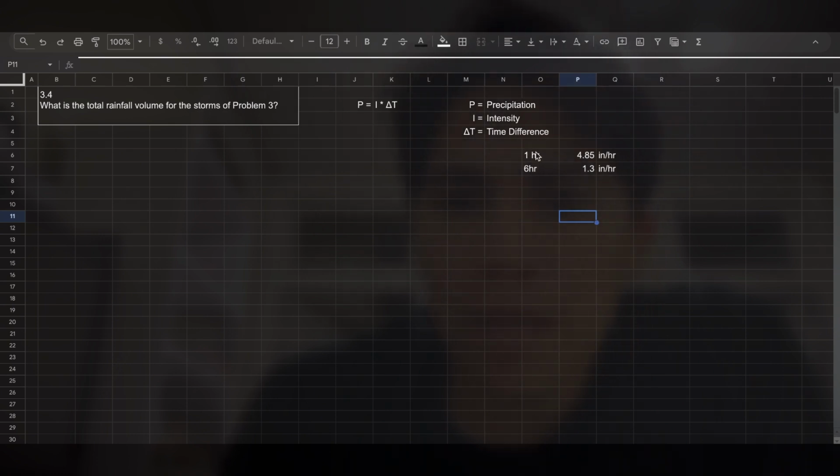So we have the intensities of each storm now. Now we need to find the total rainfall or total precipitation, which the formula is this one here. Precipitation equals the intensity that we solved for in the IDF times the time of the storm.